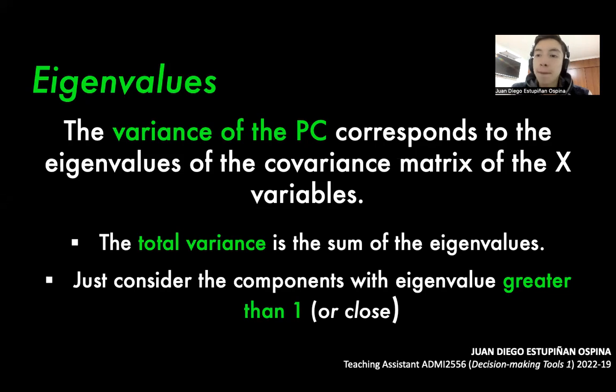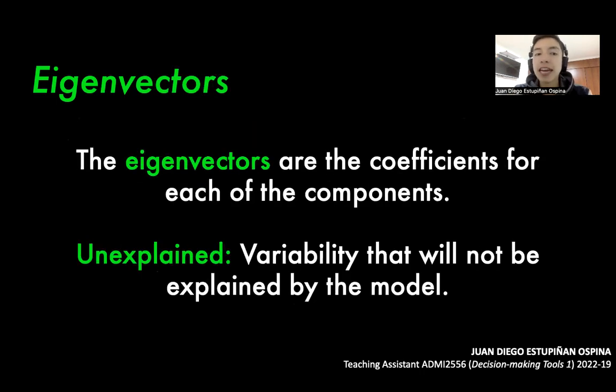And also, people usually only consider the components whose eigenvalue is greater than 1 or close to 1. And finally, about the eigenvectors, as I told you, those are the coefficients for each of the components. And also, Stata will present the eigenvectors, but also an unexplained, which is the variability that is not explained by the model.